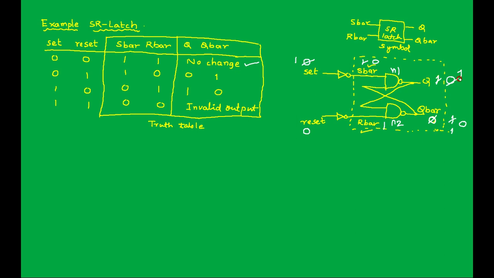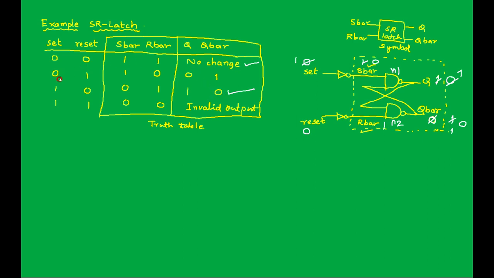The value settles; earlier value 1, now it has changed to 0. For two successive iterations, if the value remains the same, execution stops and it settles at Q 1 and Q bar 0.